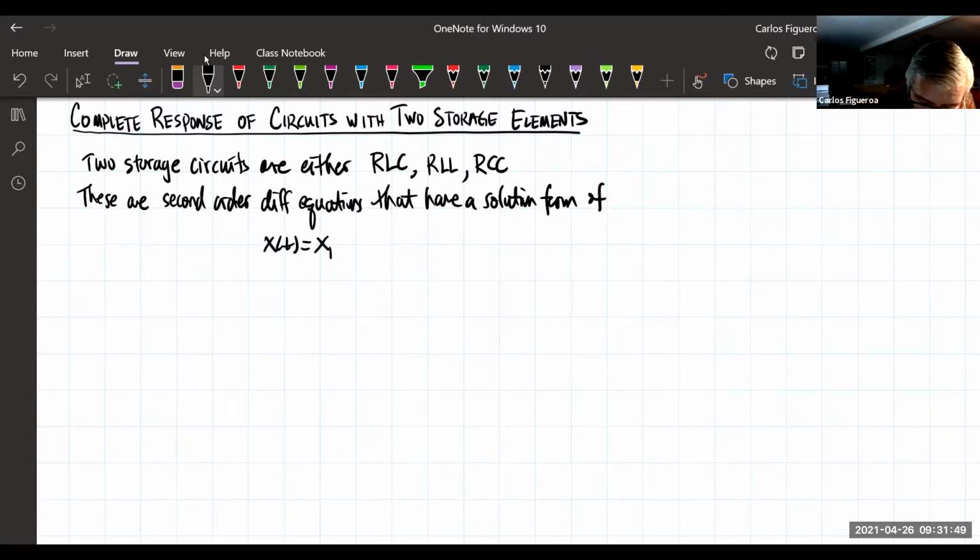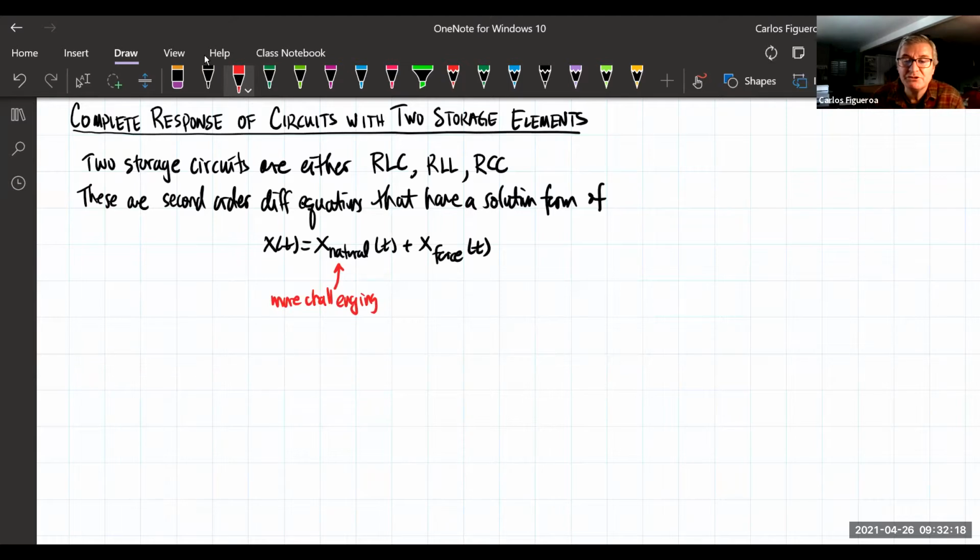Then there's going to be the natural response, and then there's going to be the forced response. Now, it turns out that the natural response is a lot more challenging.